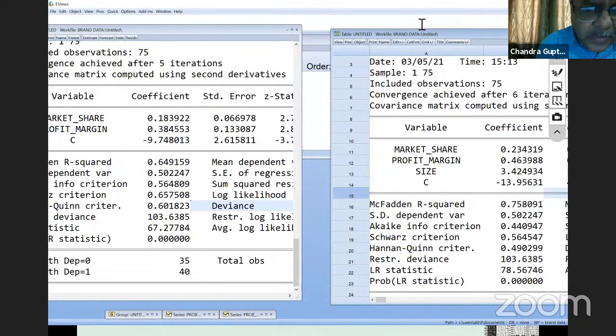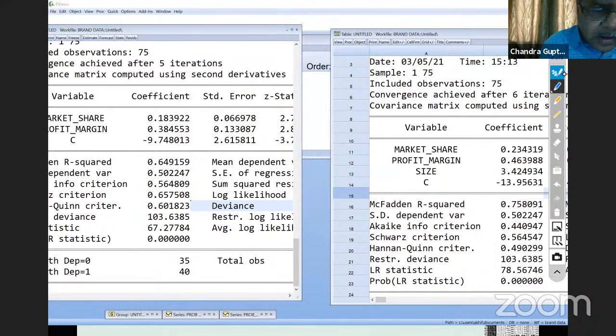Like here, the value of the information criteria is larger as compared to this, and therefore this model is a better one.